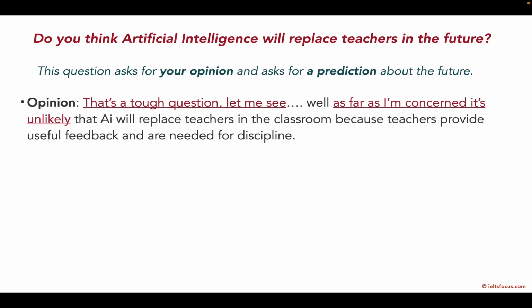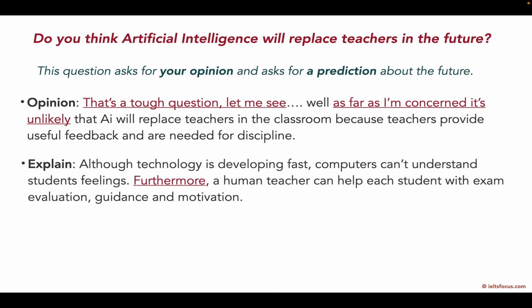So, okay, that's a tough question. Let me see. Well, as far as I'm concerned, it's unlikely that AI will replace teachers in the classroom because teachers provide useful feedback and they're needed for discipline. Now, of course, I have to explain a bit more.